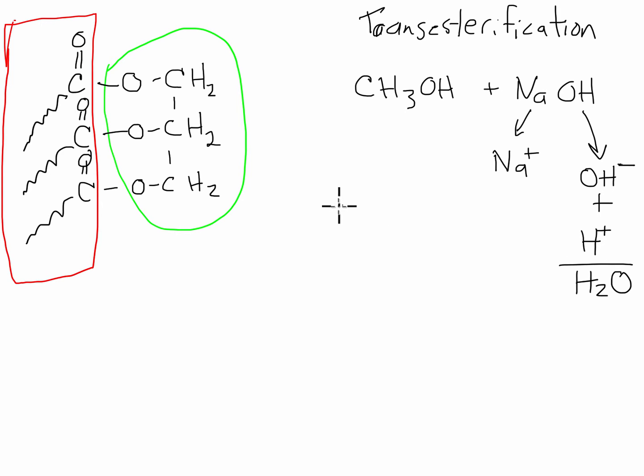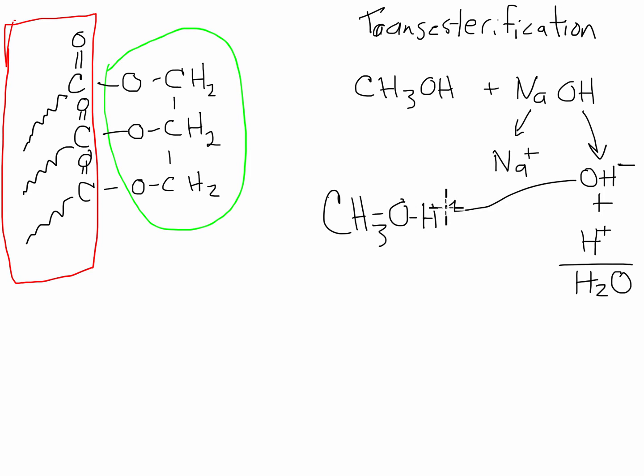All right, in this reaction, the first step for making biodiesel is to react this methanol with the sodium hydroxide. When you have this hydroxide ion in with the methanol, the hydroxide will steal the hydrogen off of this alcohol.